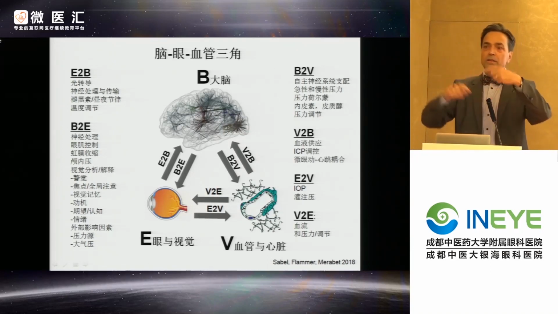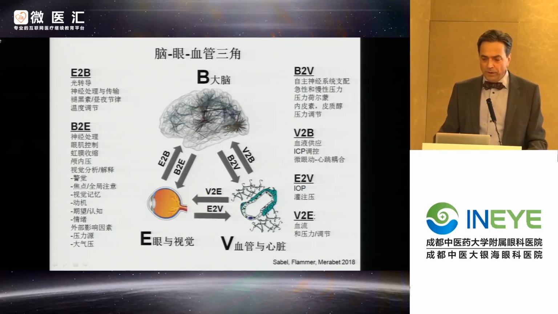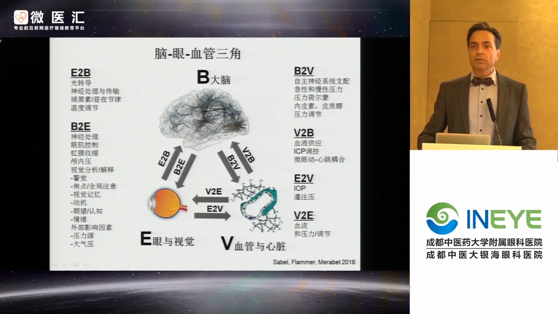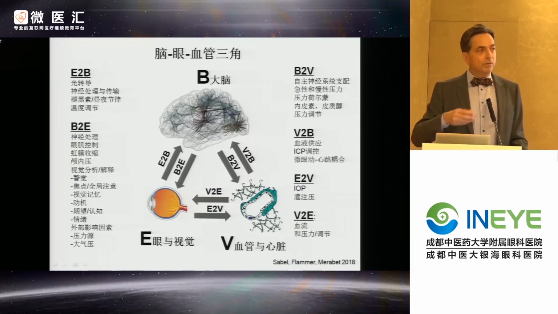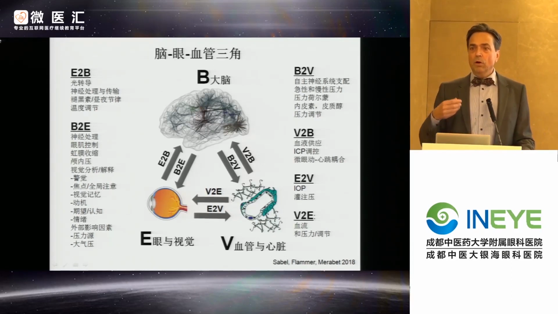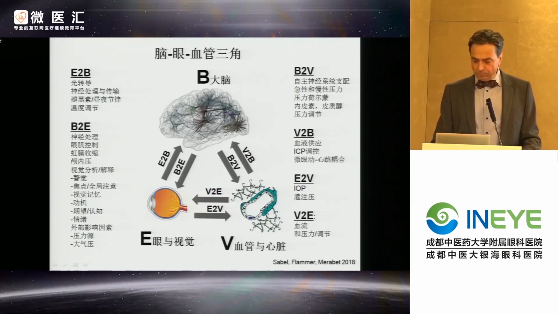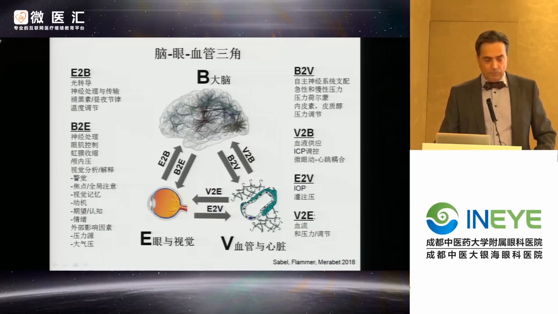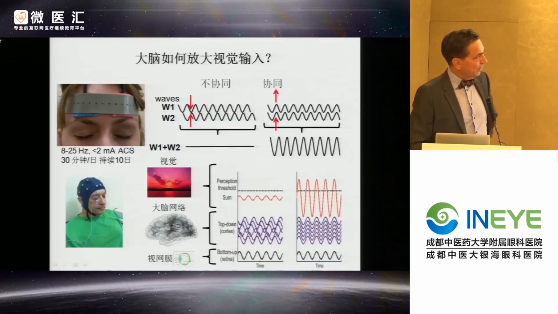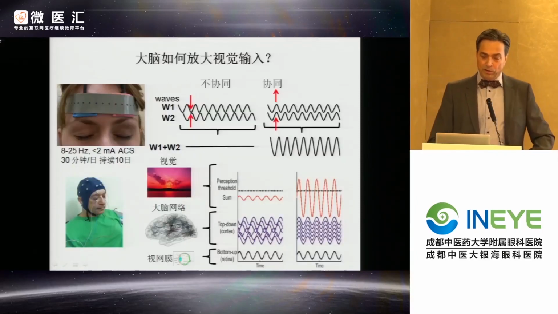So you see, it all hangs together. And I call this the brain-eye vascular triad. It is a holistic yet modern approach of looking at vision loss from a more integrated, global and holistic point of view. The next slide shows you now a bit more about the brain.